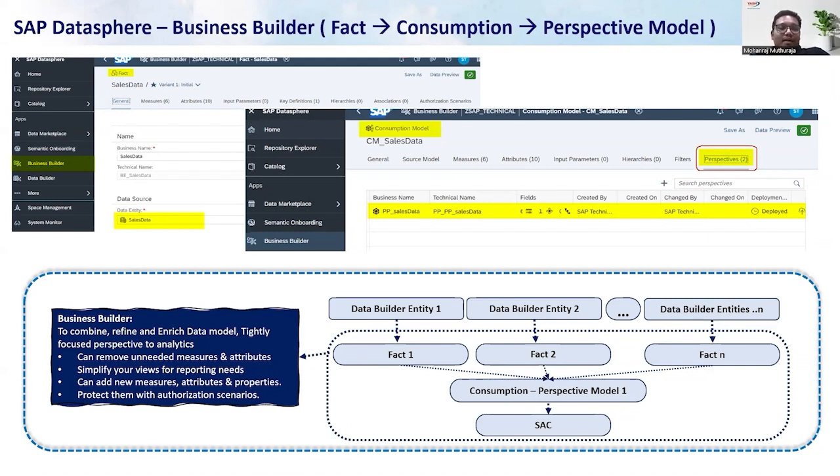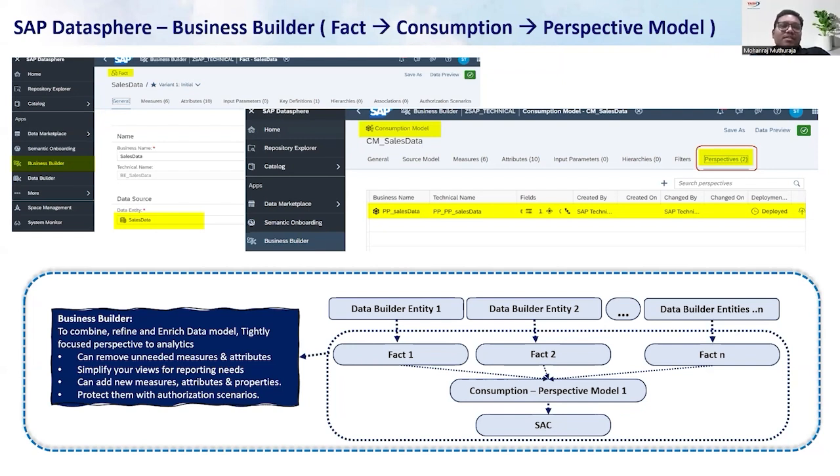Here this Data Builder can help us in refining and enriching the data models, and not only that, it can allow us to add or remove the needed or unneeded measures, attributes, and properties of the models which we have created. And also it will help us to simplify our views which we are going to give to SAC, that is SAP Analytics Cloud.